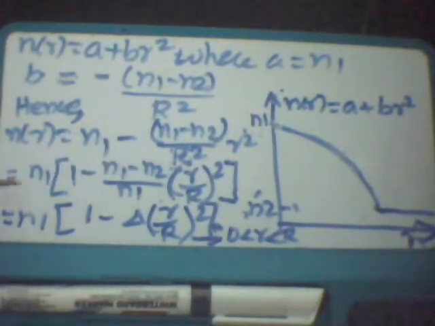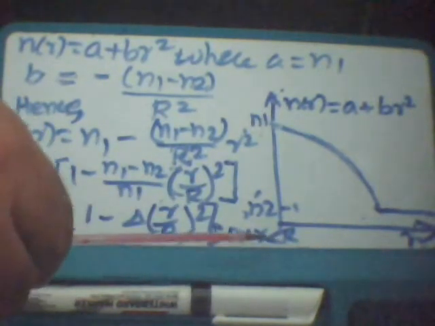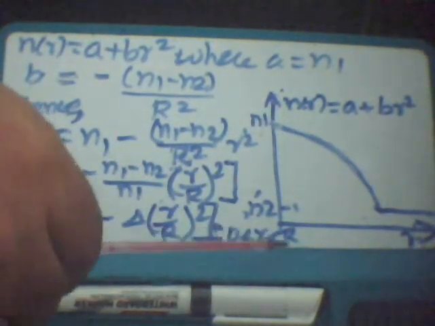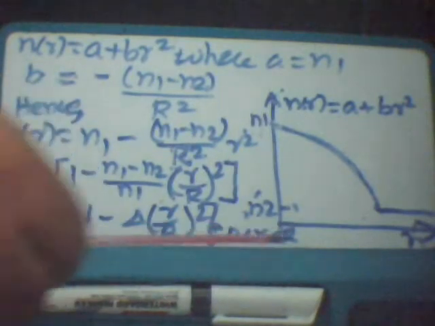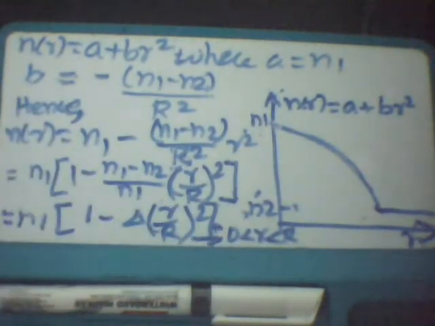And by solving, we can see that n of r is equal to n1 into 1 minus n1 minus n2 by n1 into r by R the whole squared, where n1 minus n2 by n1 is equal to delta, the relative refractive index difference. And this happens for small r, that is a radius less than the capital R, the radius of the core.